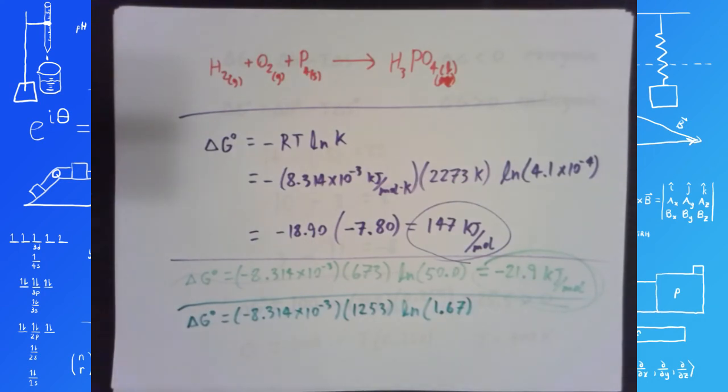Negative 8.314 times 10 to the negative 3 times 1253 is going to be negative 10.42.